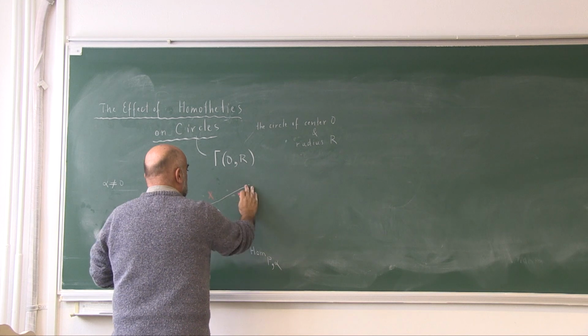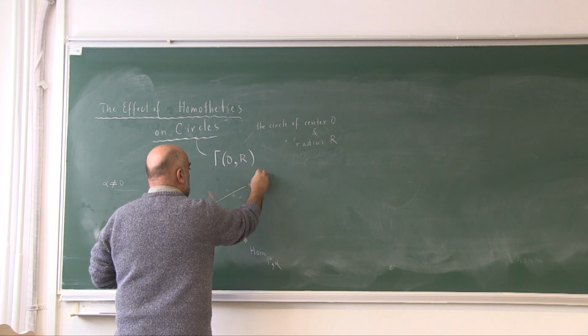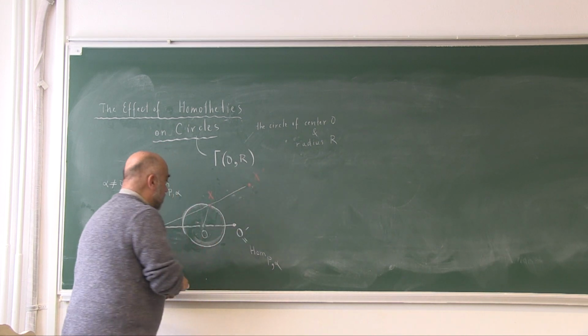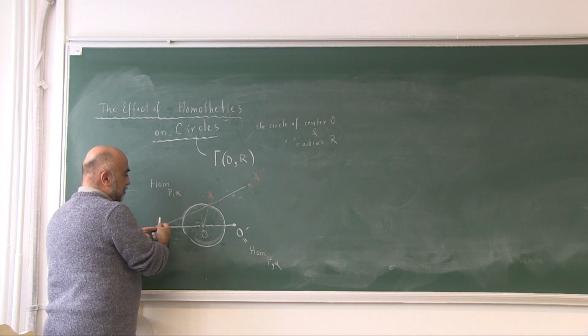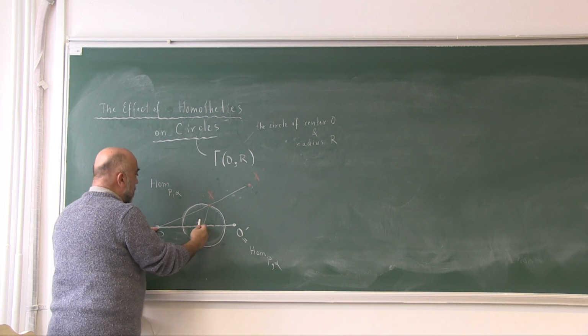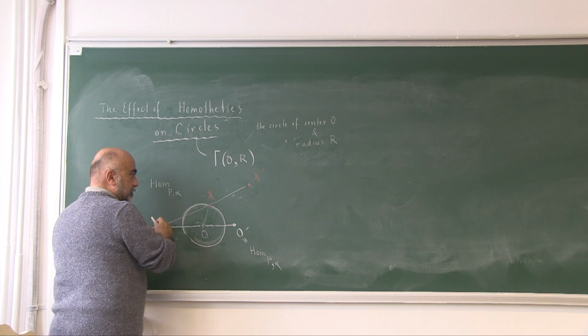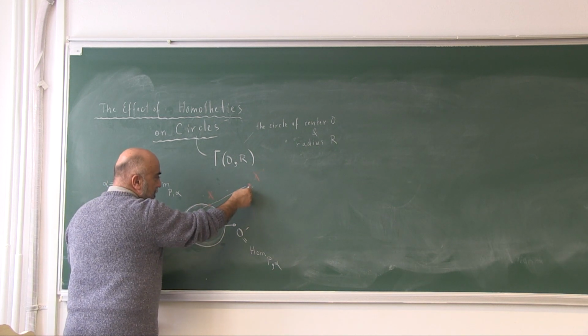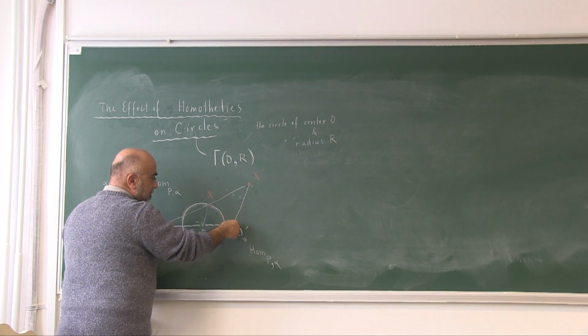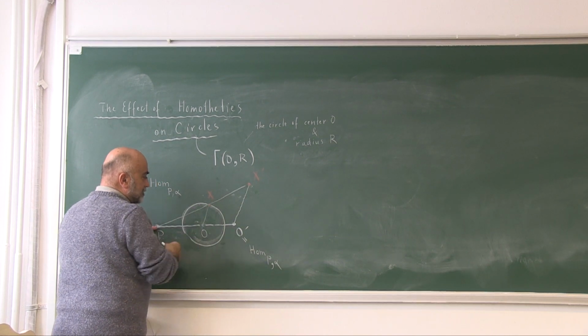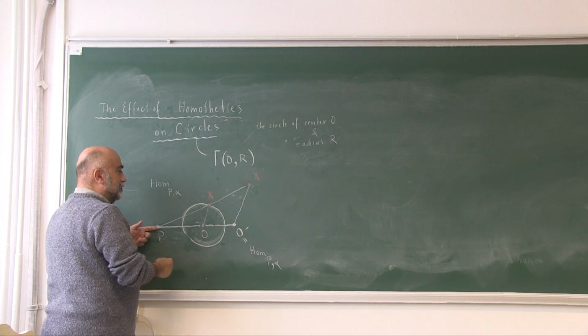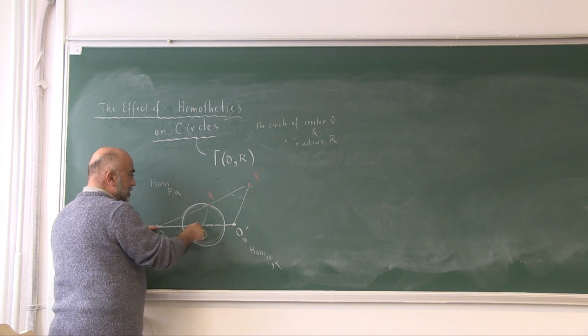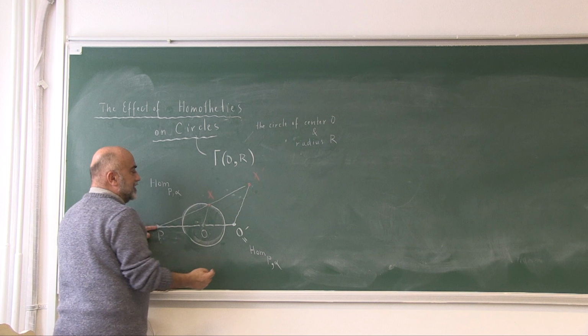What do I know about this X prime? The ratio of PO prime to PO is alpha, and the ratio of PX prime to PX is again alpha. So O prime X prime is parallel to OX. Besides, the triangles POX and PO prime X prime are similar.